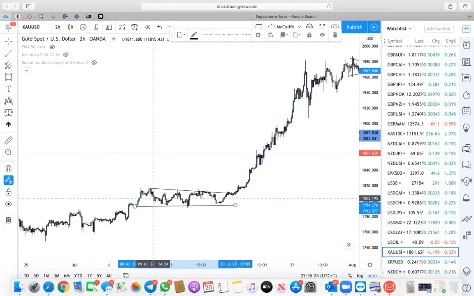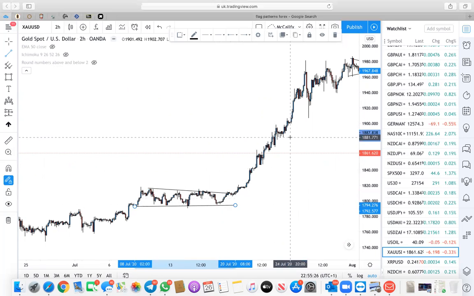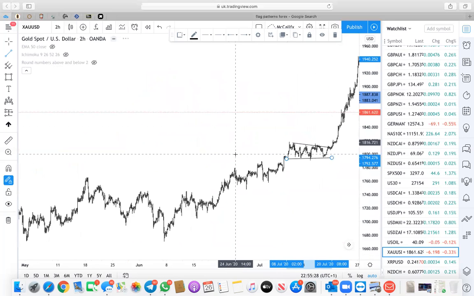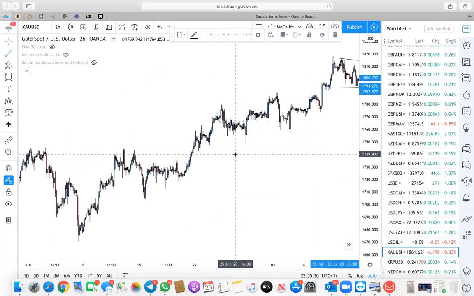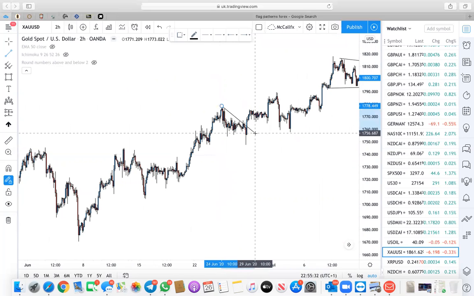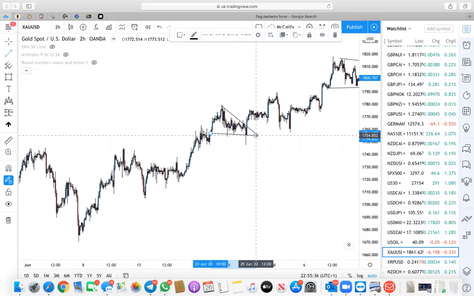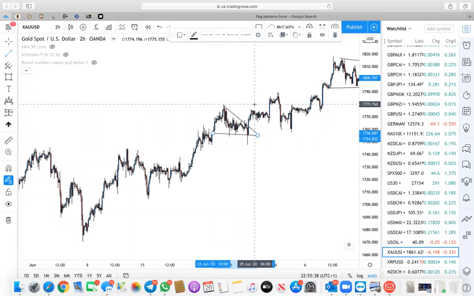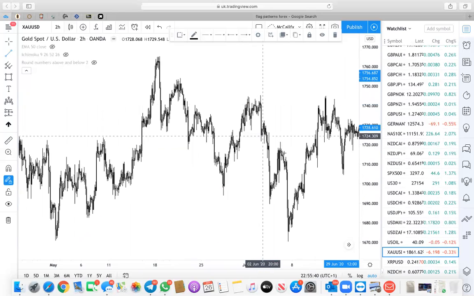Price is ranging. Price broke all the way up, right? Same thing with this. You just need to know how to draw your zones, right? Broke, price went up. Same thing here.